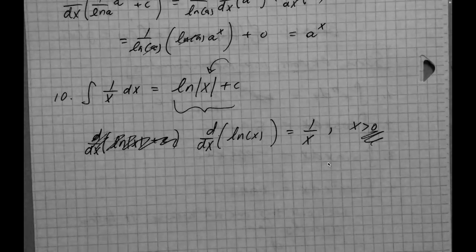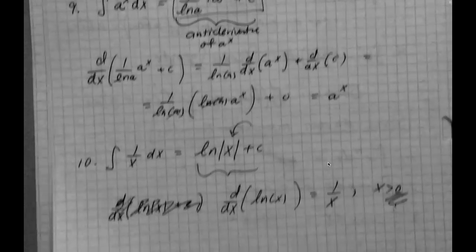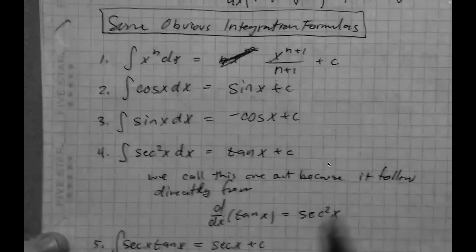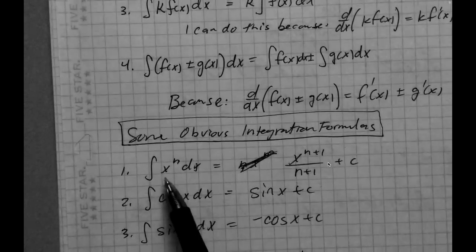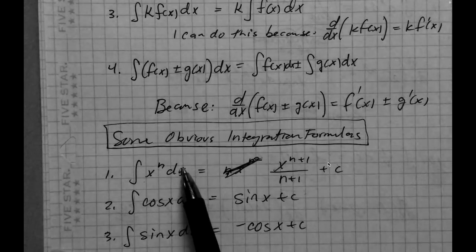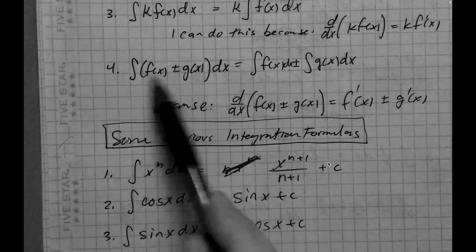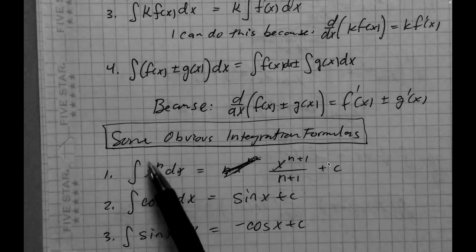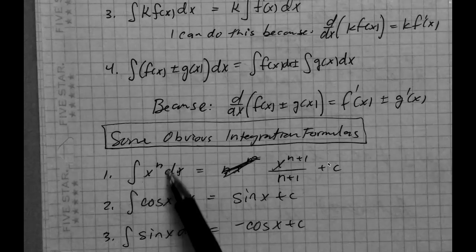Okay, all right, so that's kind of a quick list. There we have 10 basic integrals, and we actually have a lot more than that. If you think about it, the integral of x to the n dx, together with item 4 here, basically gets you all of the polynomials, the terms of a polynomial.